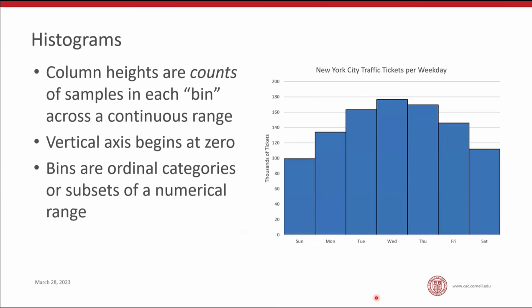Let's look into those. So here's a histogram representing the distribution of traffic tickets issued in New York City per weekday. As with the column charts, the chart needs to go down to 0 because it's the area of each of these blobs that our brain is interpreting.